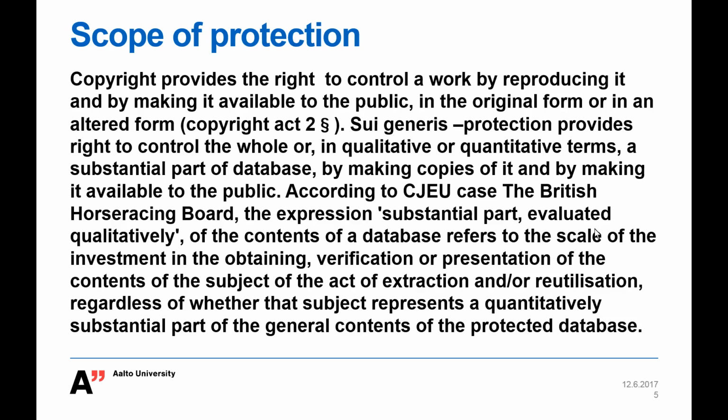Substantial part, evaluated qualitatively, refers to the scale of the investment in the obtaining, verification, or presentation of the extraction. And this is independent from the quantity related to the general contents of the protected database. So the scope of protection for the sui generis database right is very wide.